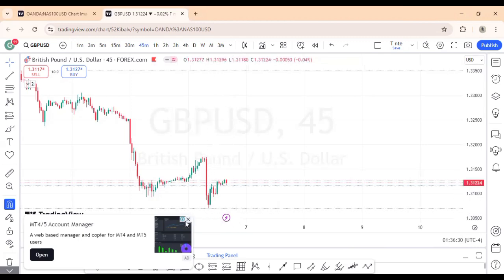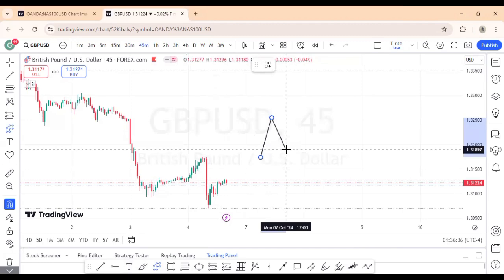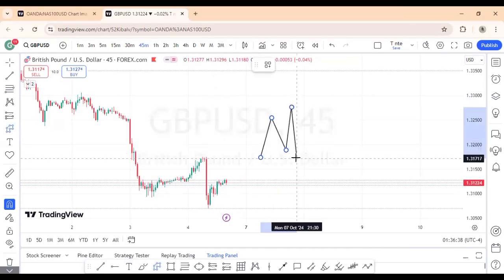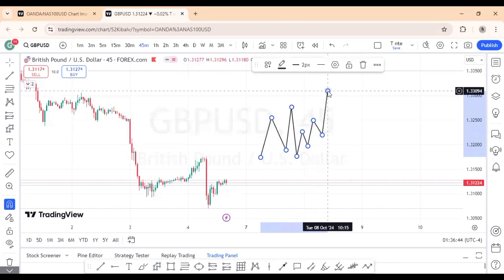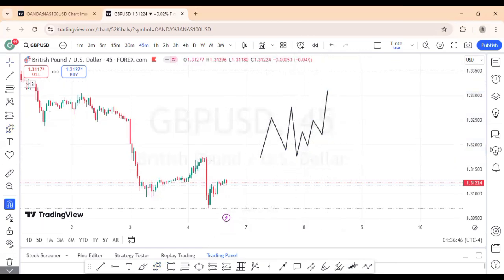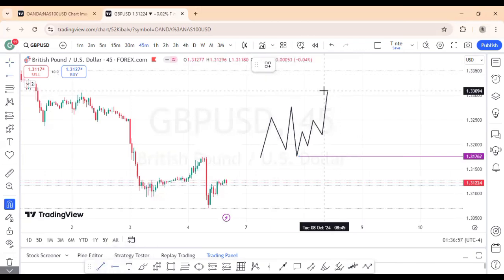Whenever the market has created external liquidity, price creates internal liquidity along the range, and then makes a new high. This extreme low and this high are what we refer to as the external liquidity.